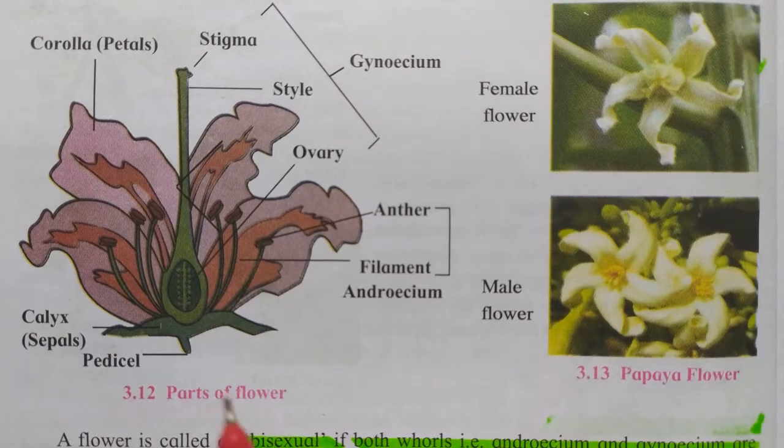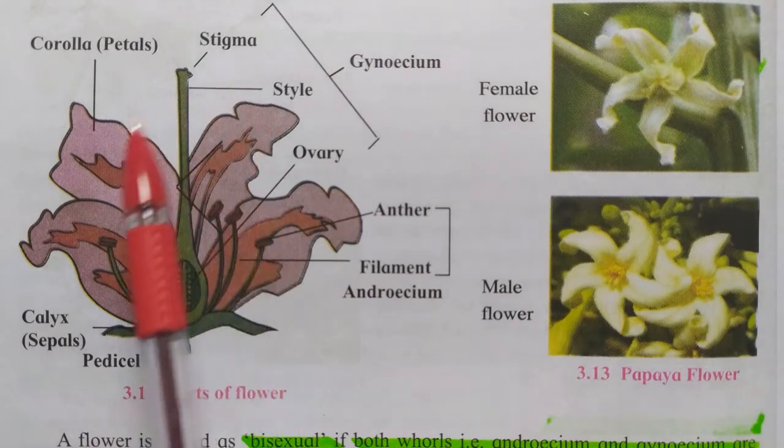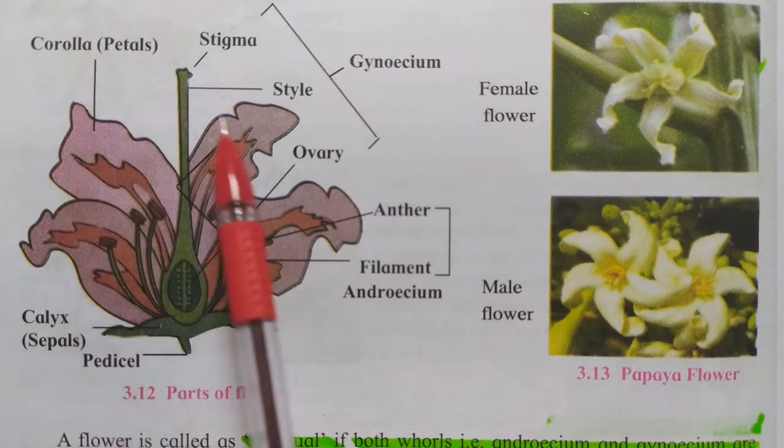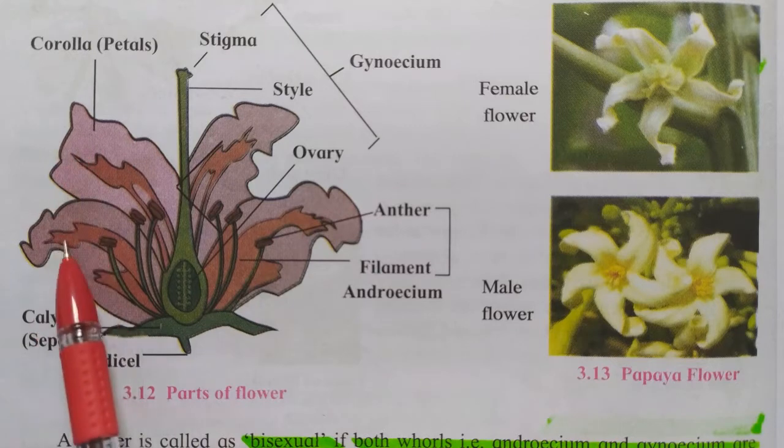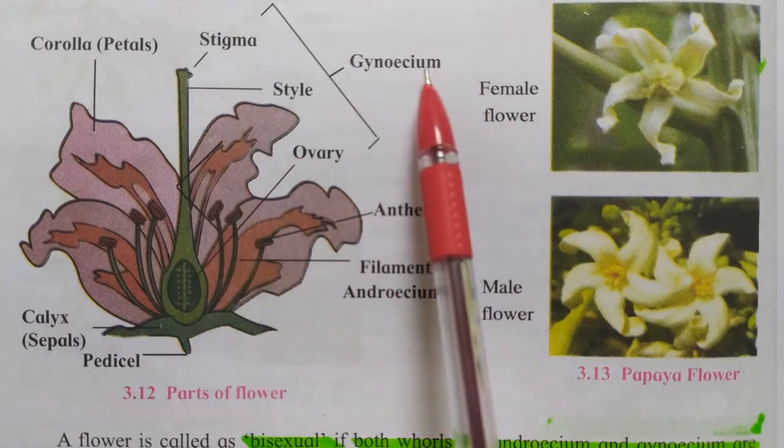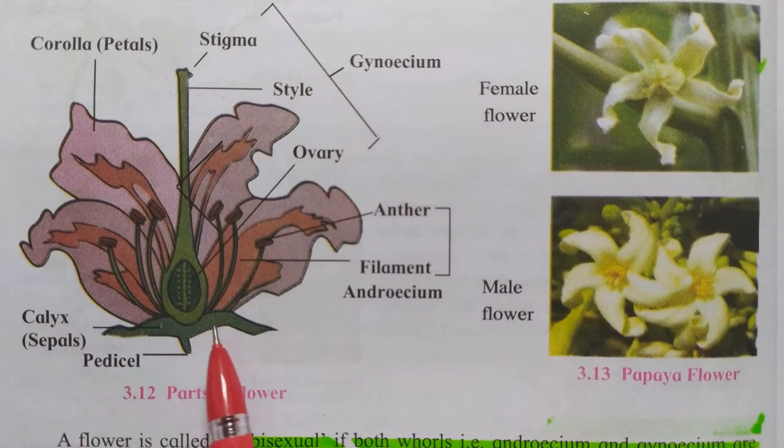So here is the diagram of a flower. This particular part is corolla and these are petals. The green part is called calyx and the individual parts of calyx are sepals.